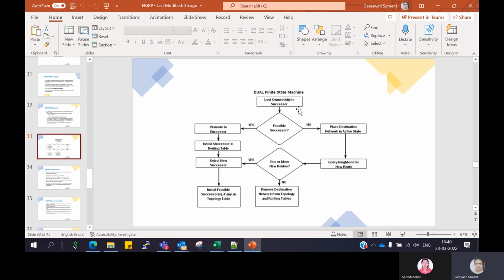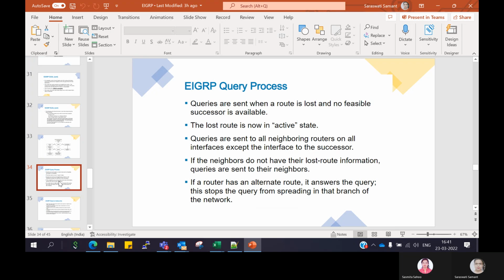This is about the dual finite state machine, like the feasible successor and so on. It's not that hard. Whenever you elect the successor and feasible successor, it follows the path. Now, this is about the queries. Queries are sent when a route is lost and no feasible successor is available.